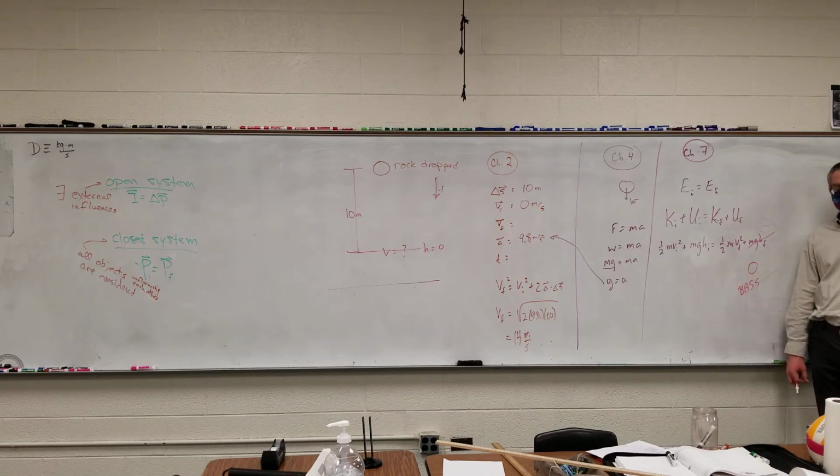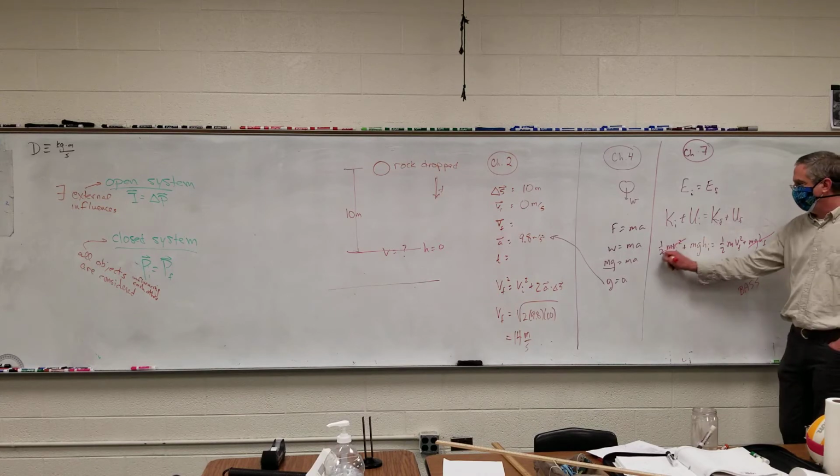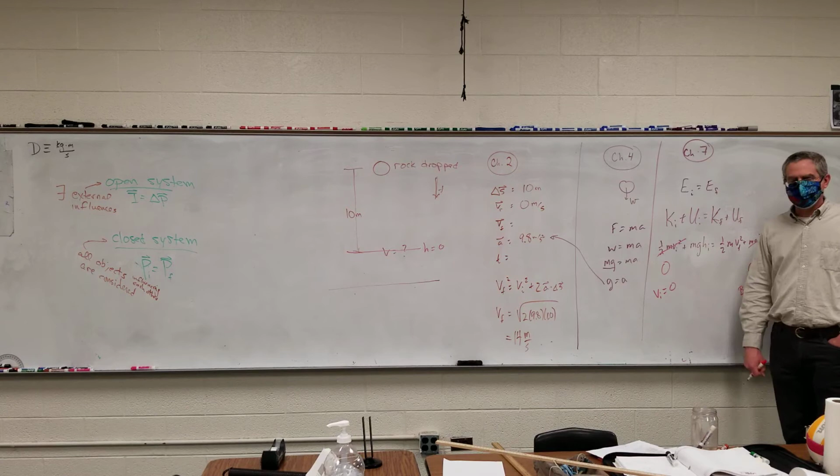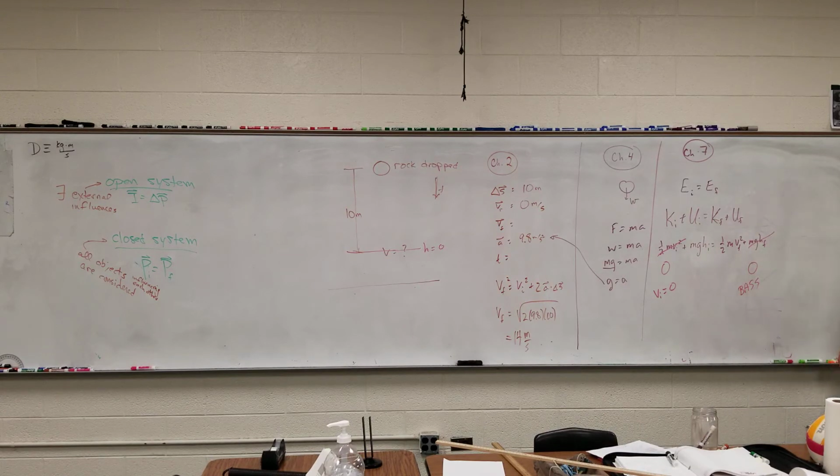All right. What else can we get rid of? Initial velocity, because the initial speed is 0. And we can now get rid of one more thing. We can't get rid of a term, but we can get rid of a factor. Yep.